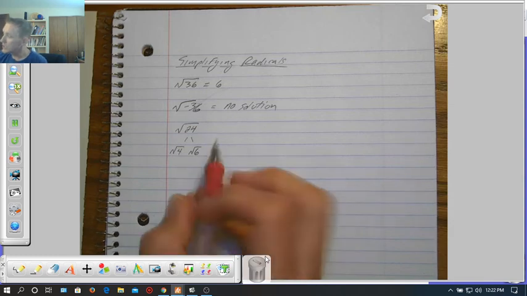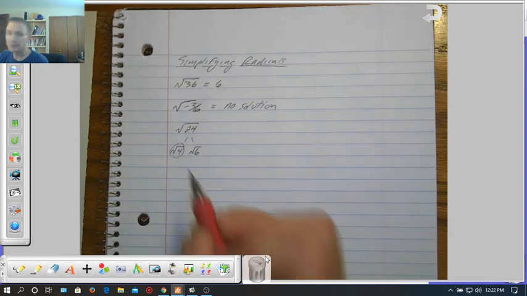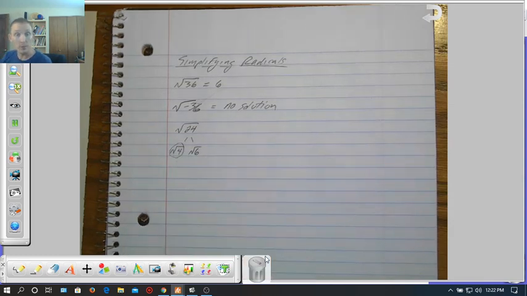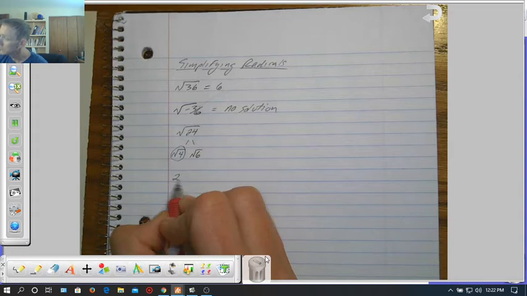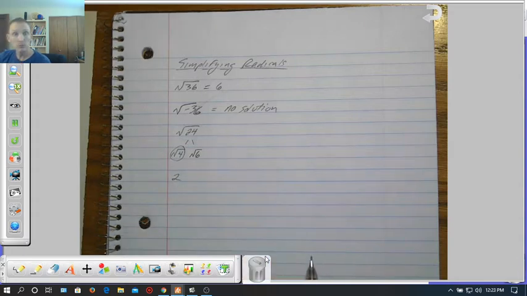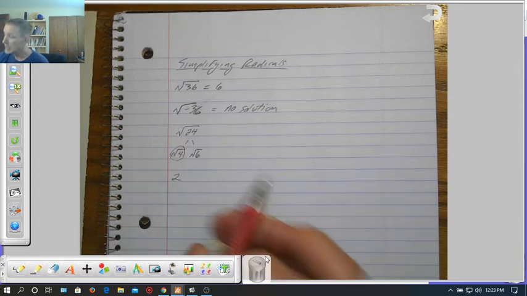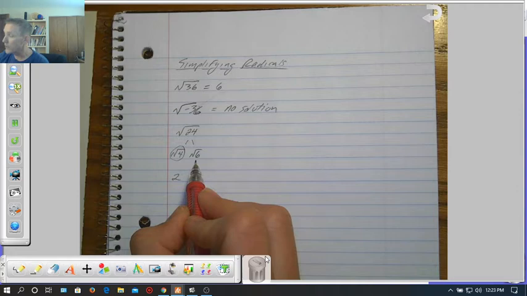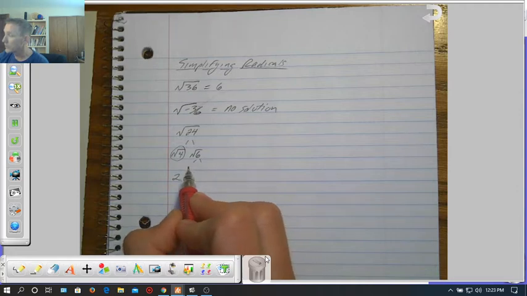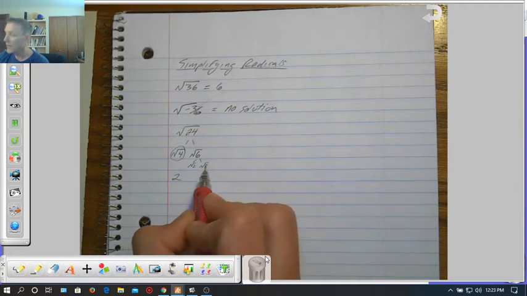But if I look at this here, I have a perfect square. 4 is a perfect square. And the square root of 4 is 2. So 2 is now free from the radical because I took the square root of 4. 6 could factor down further into 2 and 3.